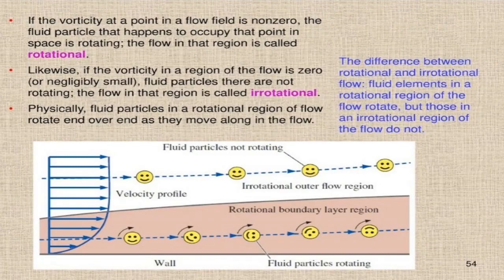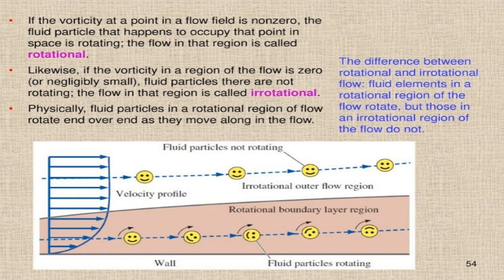Let me skip all these details of math. If in a flow field the fluid particles are not rotating, they're just moving on a straight path, we call this flow field irrotational.